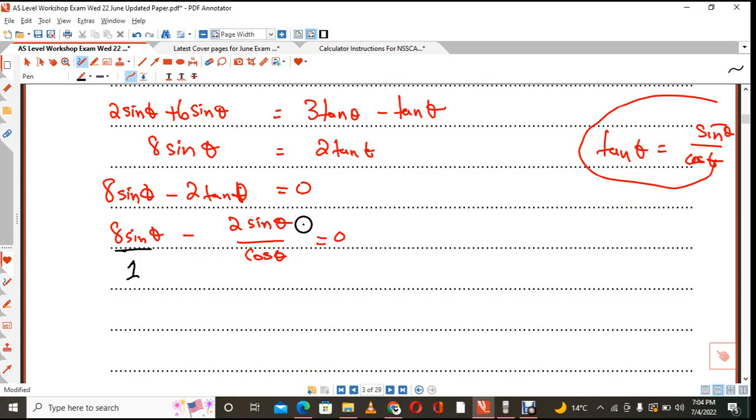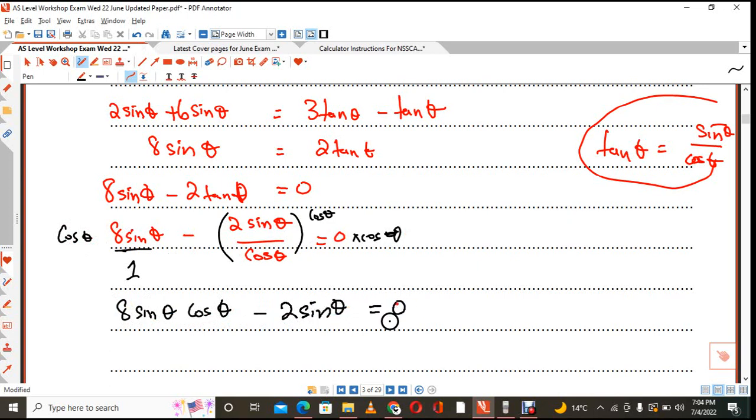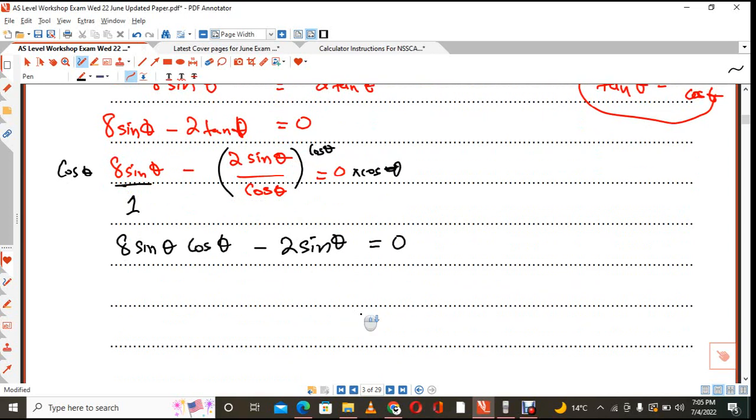So what I'll do is multiply this side by cos theta, I'll multiply here by cos theta, and I'll multiply here by cos theta. So I'll have 8 sin theta cos theta minus 2 sin theta equals 0. I hope you are so far following what I'm doing.